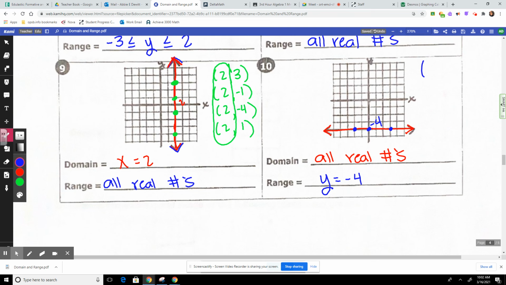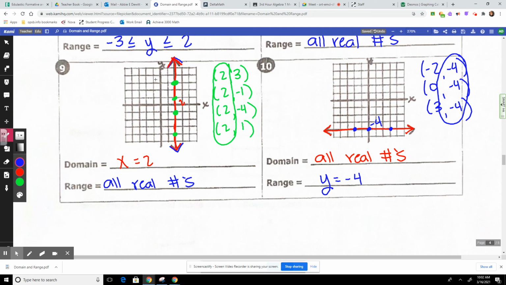Let's start over. This would be (-2, -4). This point would be (0, -4). And this point would be (3, -4). Okay, so all your y values are -4.